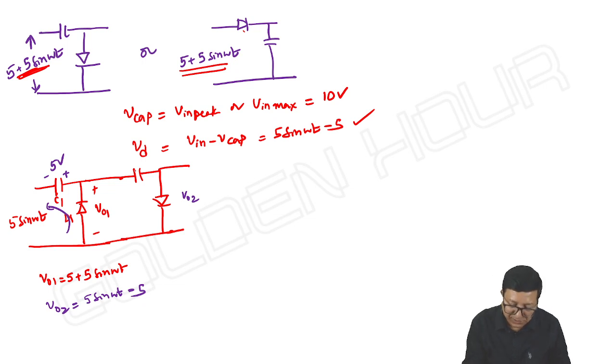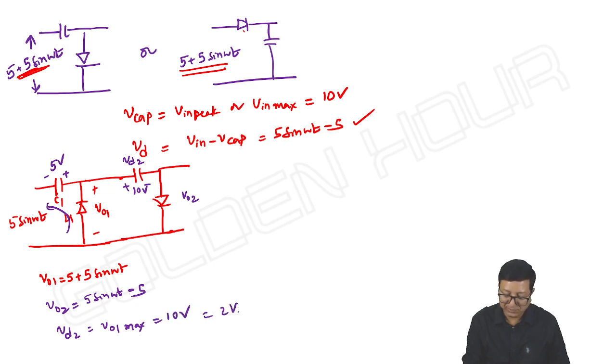And what about VD2? It is plus minus 10 volts. Its maximum value of input is equal to 10 volts. It is like 2 Vm. It is Vm sin omega t plus Vm. It is Vm sin omega t minus Vm.